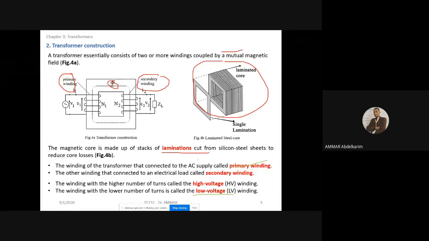The transformer that raises the level of the voltage and reduces the level of the current, and the transformer that reduces the level of the voltage and raises the level of the current. And the same transformer can be used for both purposes. It depends on which winding we choose as the high voltage or the low voltage.